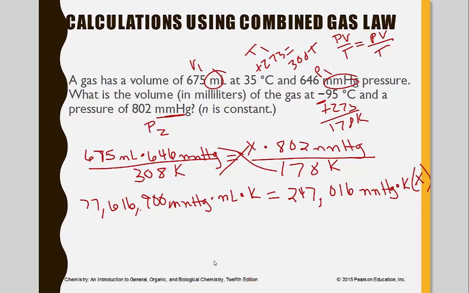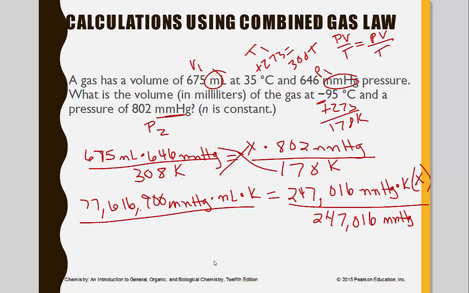We want to get X by itself. So we're going to divide both sides by 247,016 millimeters of mercury times kelvins.